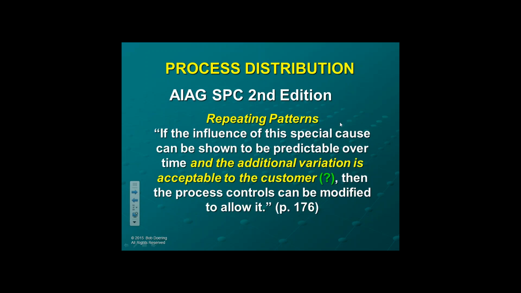The influence of this special cause can be shown to be predictable over time, and additional variation is acceptable to the customer. Now, that's a question I posed. Do you think the customer accepted tool wear? I mean, they really don't have much of a choice if you're doing machining. The process controls then can be modified to allow it, and we're going to show you the correct process controls in order to control tool wear.